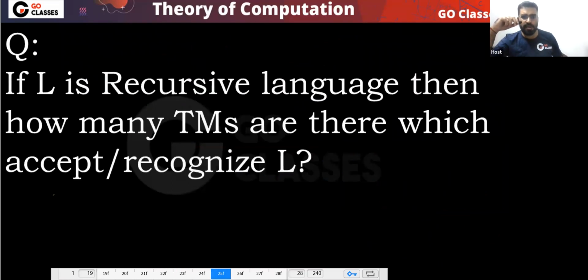Okay, let's move on. Tell me about this one. If you have a recursive language, then how many Turing machines are there? Remember, every halting Turing machine is also a Turing machine, one which always halts.